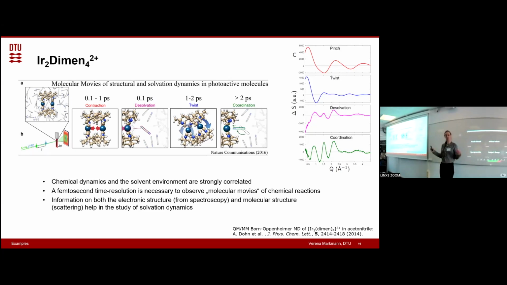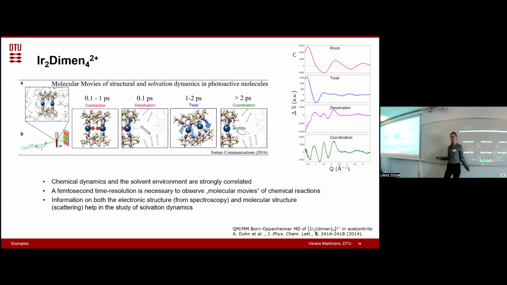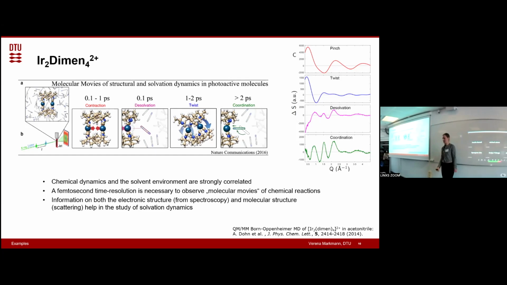There might also be a twist of the molecule, as well as a reorientation or coordination of the surrounding solvent after the contraction happened. All of these different processes give different signals in the difference scattering that we hopefully will be able to disentangle from the measured signal in the future.